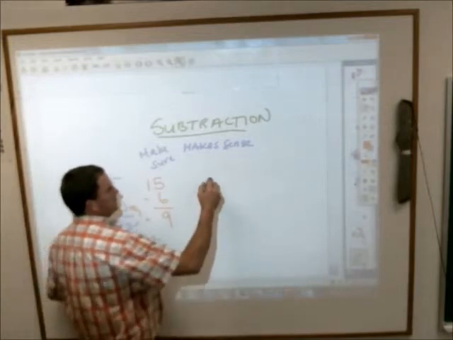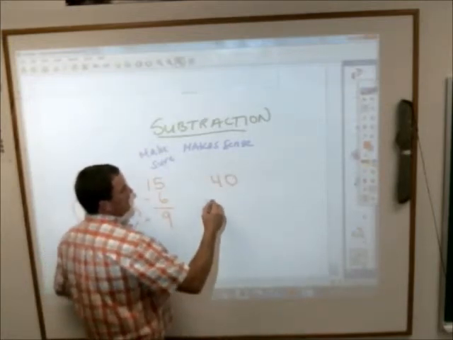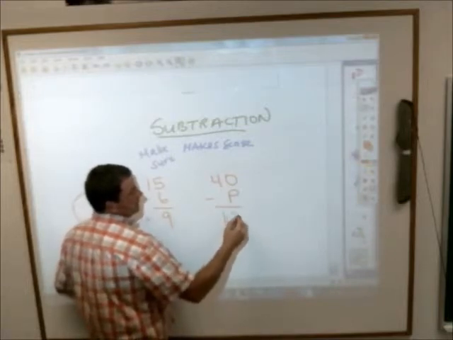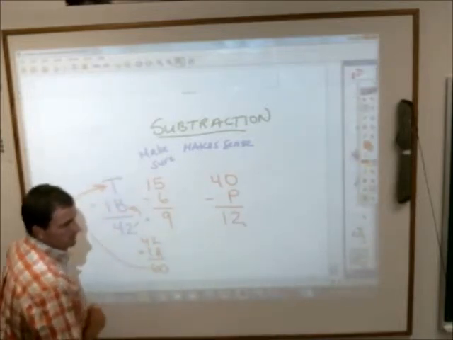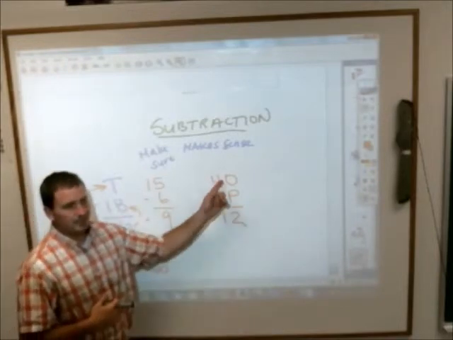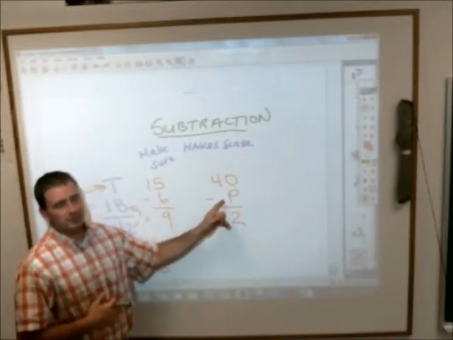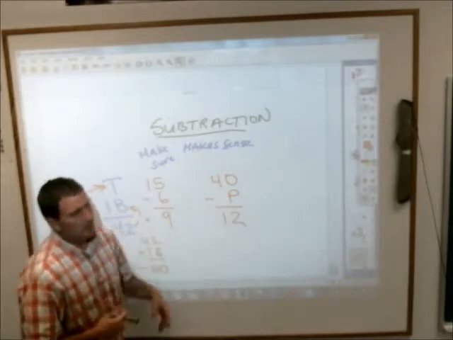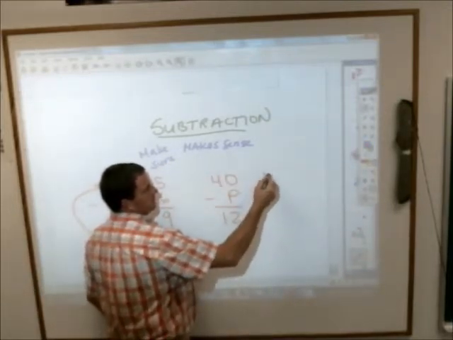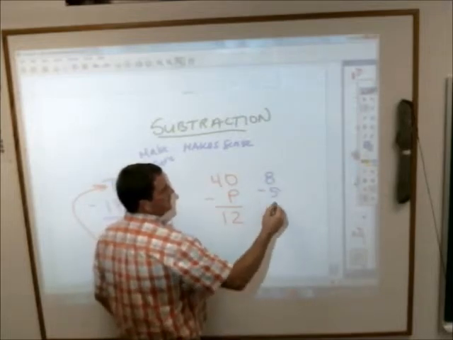If I have this problem, 40 minus p equals 12, it doesn't make sense for me to add these together because 40 plus 12 is 52. I can't take 52 away from 40. If I go back to what I told you to do there and think of an easier subtraction problem, 8 minus 5 is 3.